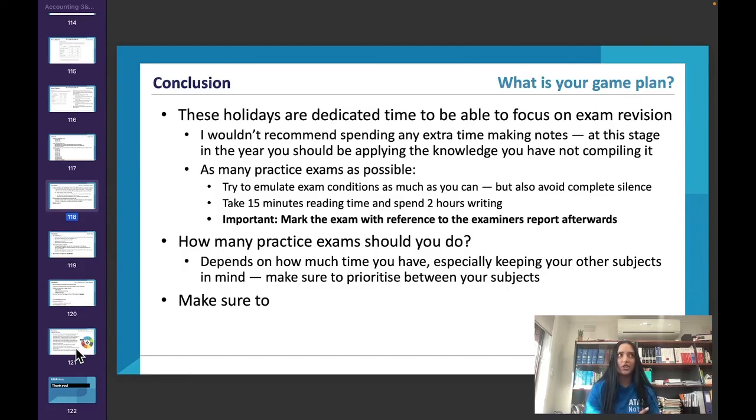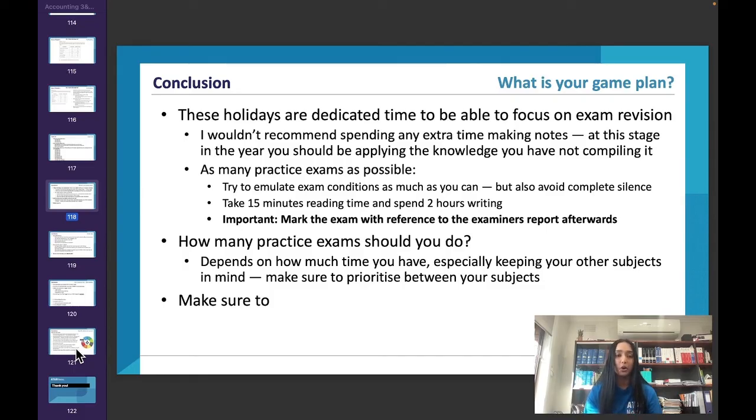That's better than just doing 25 exams and just racing through them and not properly going through the exam once you're finished. So do as many as you can, but in saying that, for each exam, make sure you're actually going through the exam after you finished it properly and going through the examination report.